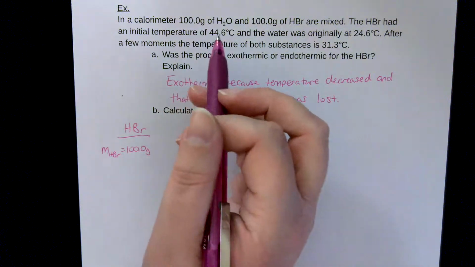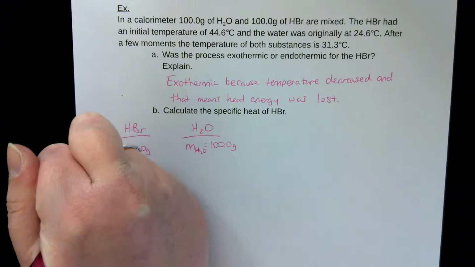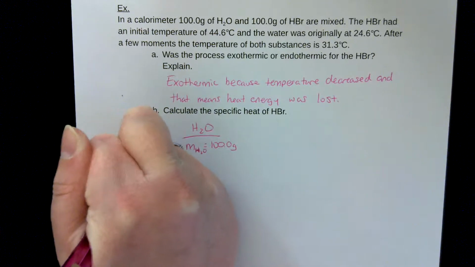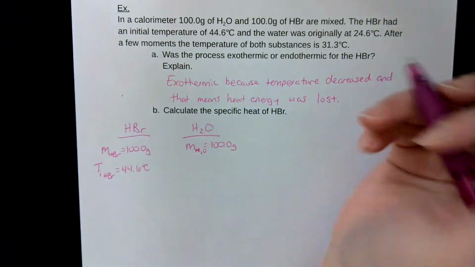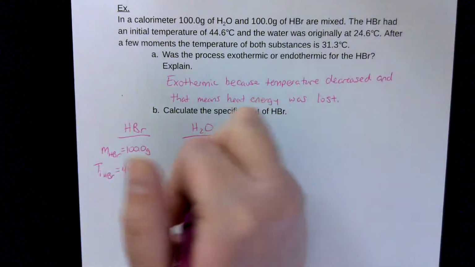The initial temperature of our HBr is 44.6 degrees Celsius. The initial temperature of our water was 24.6 degrees Celsius.